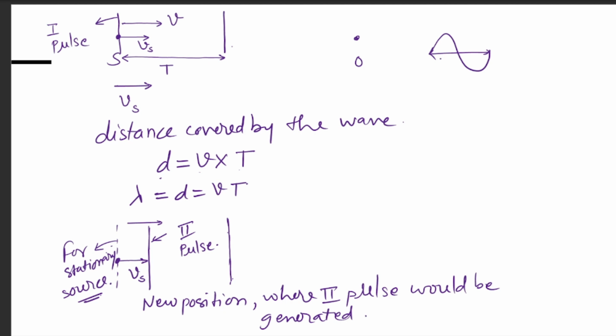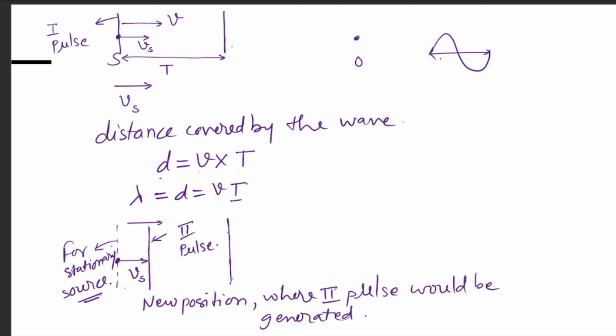But the second pulse is getting generated somewhere else. And the motion of the source is not going to affect the motion of sound. So sound will go with its own speed and cover a certain distance in the given time period.